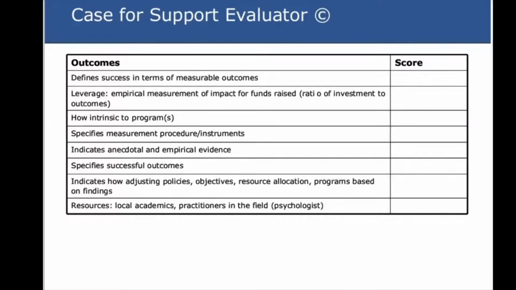Then here's the data from observing how our programs affected the populations and the communities we were working with. Here's what we saw, and so our hypothesis, our solution is more or less effective in these various ways. That's how you come to the area of outcomes.